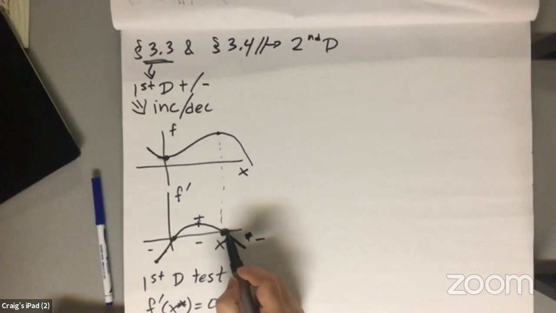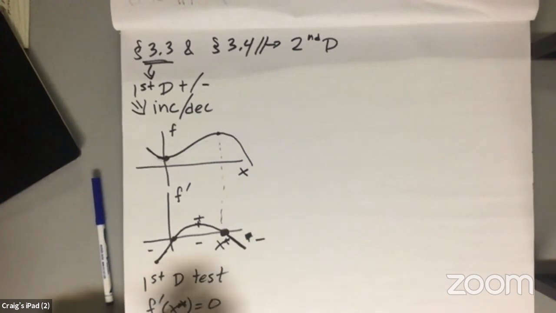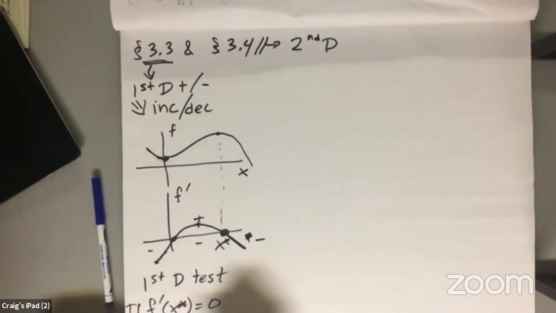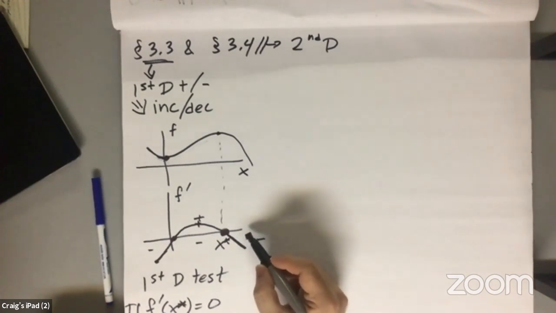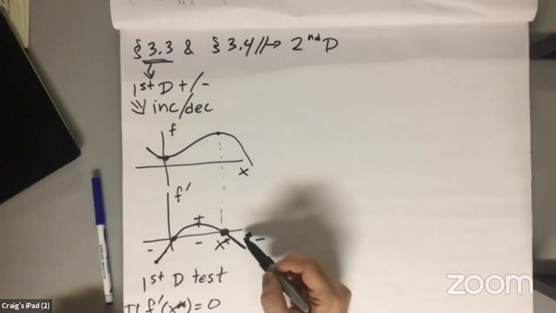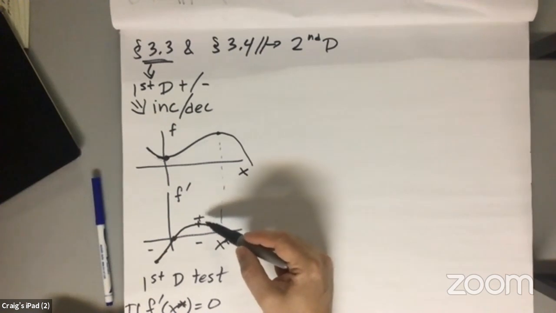If the first derivative is 0 and the derivative is positive for x less than x star nearby, and if f prime is negative for x greater than x star over here, so the derivative is positive over here and negative over here.